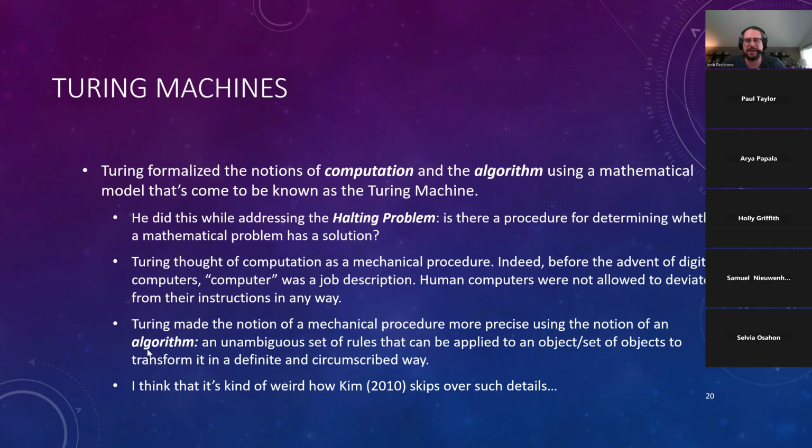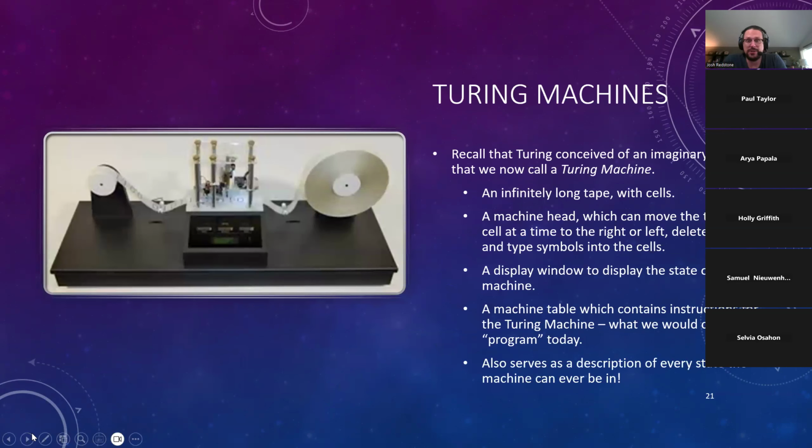And so he came up with that notion, which we now call the algorithm after Al-Khwarizmi. Turing knew about this because he was a mathematician. And he said, well, what if we thought of computation as a mechanical, rule-governed, algorithmic procedure rather than as a job that humans do?